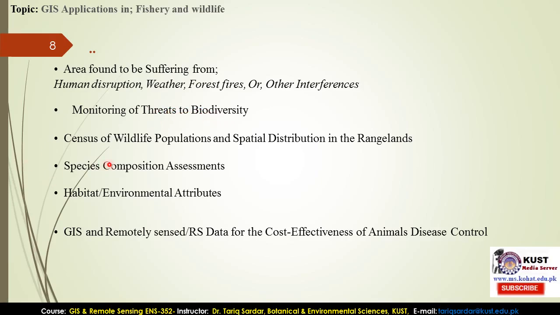Up next is the census, or the number of wildlife populations and their spatial distribution in the rangelands, the grazing areas, based on the distribution of that wildlife species or the certain species in focus.